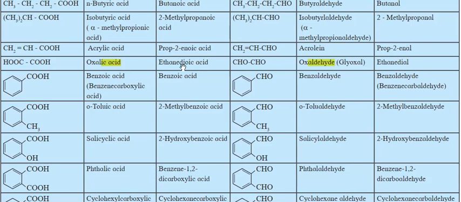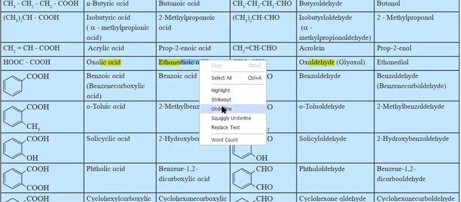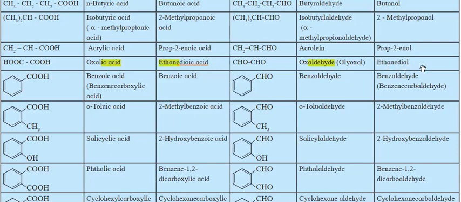Clear it for you: ethane, as it is, number of carbon atoms 2, and dioic acid. Similarly for ethane dial, with two CHO groups.